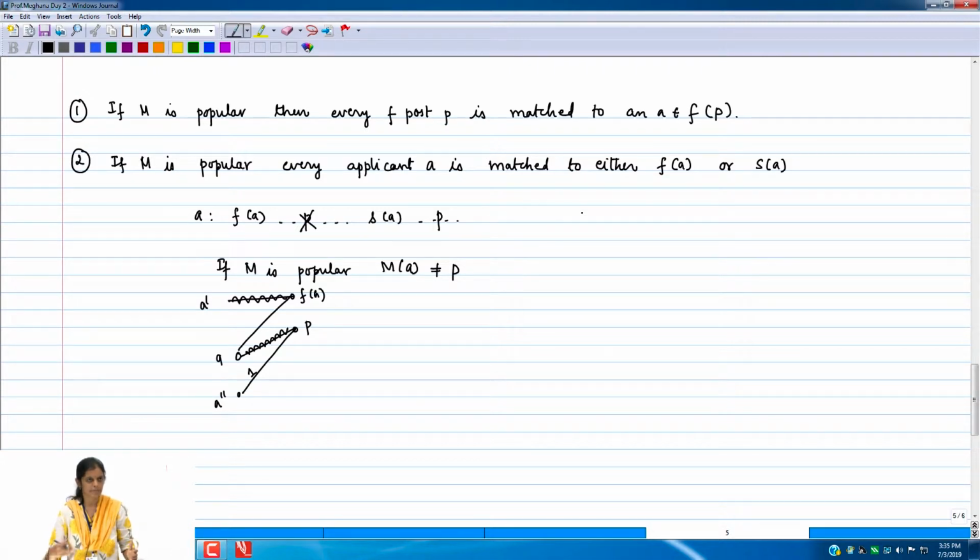I'll be constructing a bipartite graph, which is a reduced graph. I will cancel out all the F posts which do not appear as rank 1, and then look for S posts, which are the second choice posts. Then she seems to suggest that we look at those and cancel them out further and look for third posts. Now, does this theorem allow us to do that?